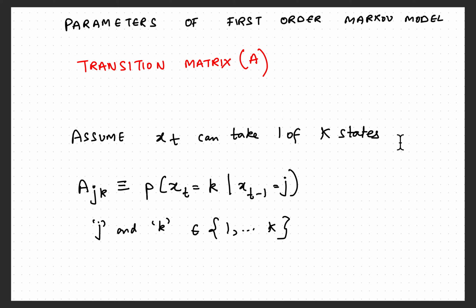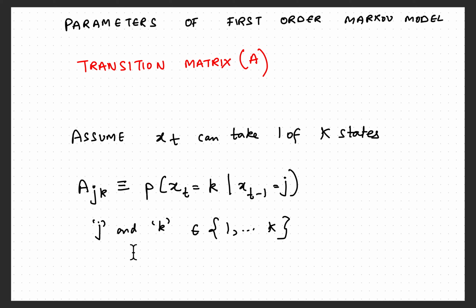Now we define the term A sub j k as the probability of x of t being k given x of t minus 1 is j. So here both j and k could go from 1 through K, and these denote different states. For example, j could denote rainy and small k could denote cloudy or sunny, or even rainy again.